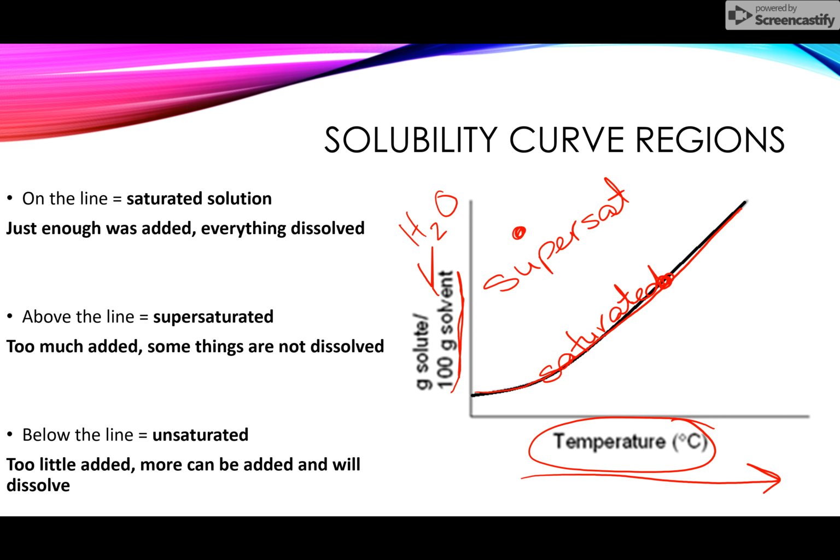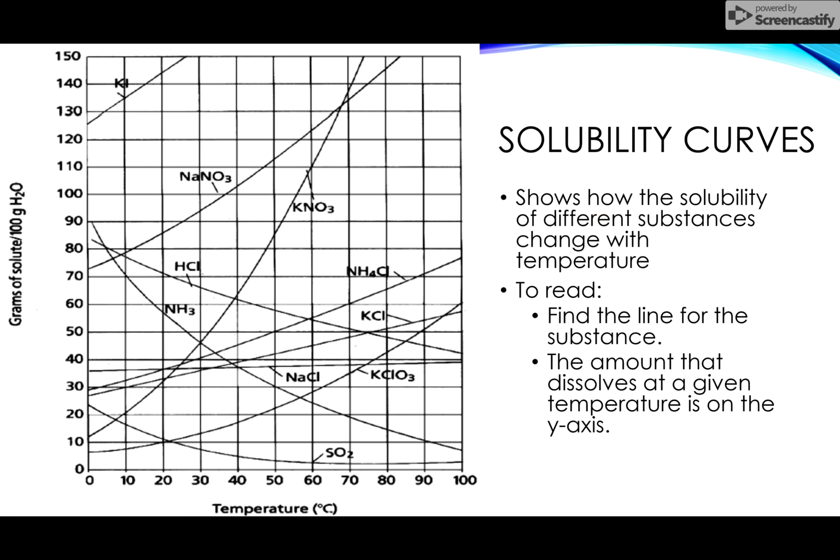Now things aren't dissolving. The stuff that's not dissolving are forming crystals because they couldn't dissolve. If it's a point underneath the line somewhere, it's called unsaturated. Unsaturated means that you haven't added enough. And because you haven't added enough, you could technically add more and it will still dissolve. So that's how we look at this graph.